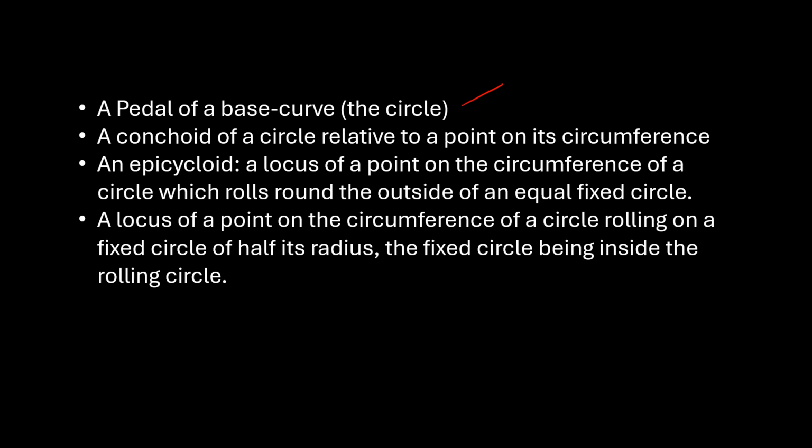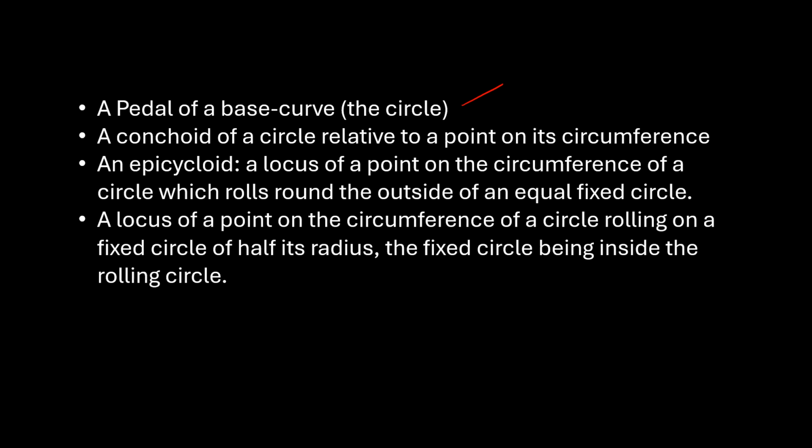So a cardioid is an epicycloid where the two circles are of the same radii. Therefore, it's a locus of a point on the circumference of a circle which rolls around the outside of an equal fixed circle. We also saw that a cardioid is a locus of a point on the circumference of a circle rolling on a fixed circle of half its radius, the fixed circle being inside the rolling circle.